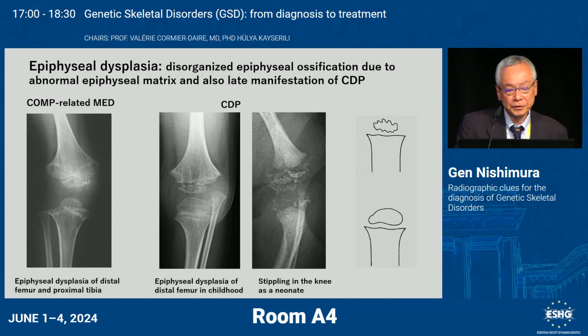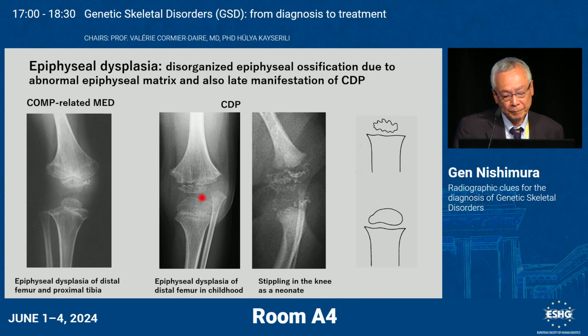Epiphyseal dysplasia is caused by disorganized epiphyseal ossification due to abnormal epiphyseal matrix and may be a late manifestation of chondrodysplasia punctata. Here you can see irregular small epiphyses in a COMP-related disorder. And this is CDP.